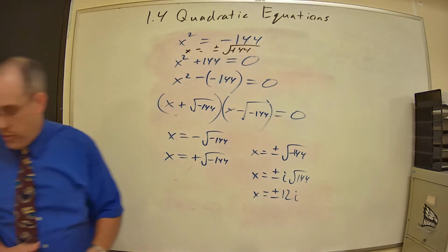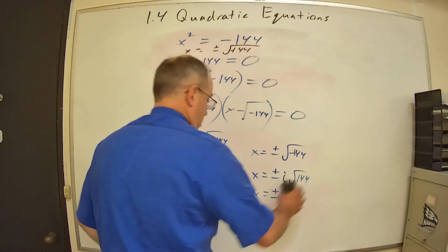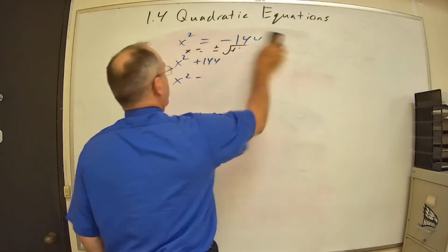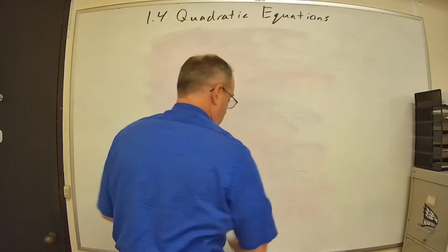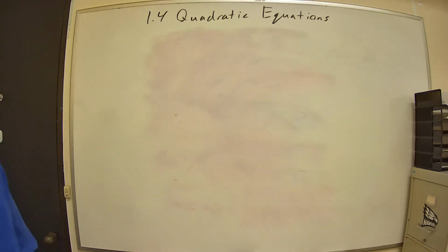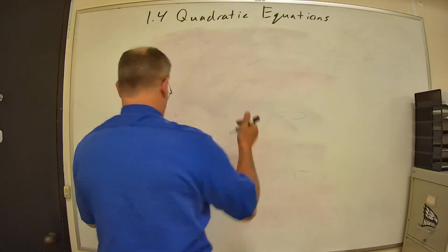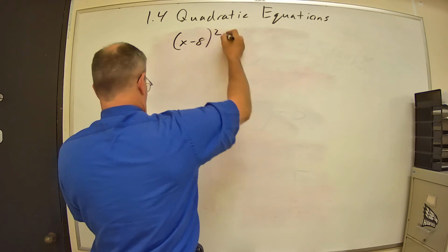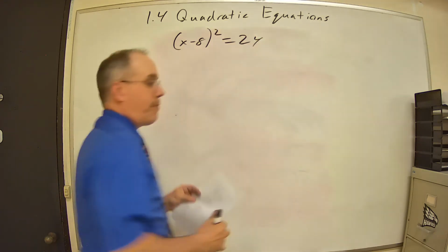Okay, one more thing I want to do. Try another example here, just to add another thing in here. So x minus 8 squared is equal to 24.